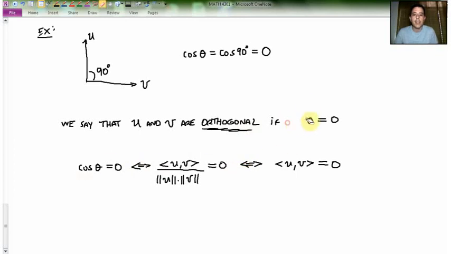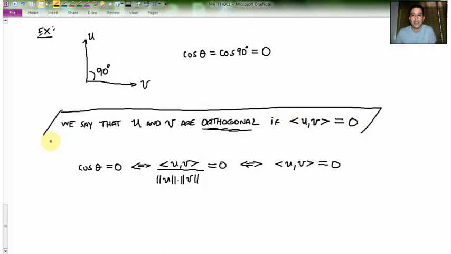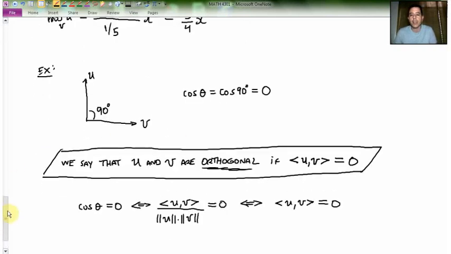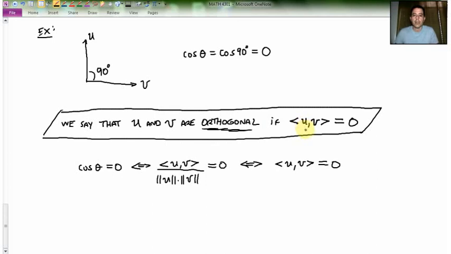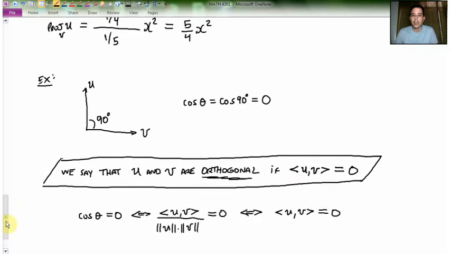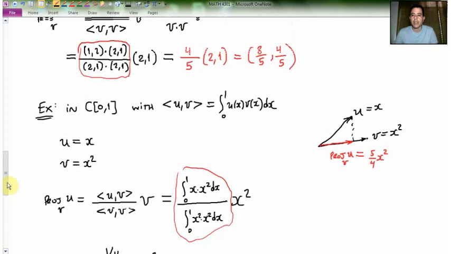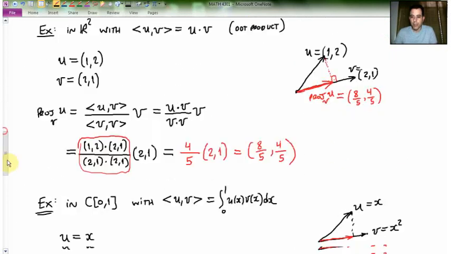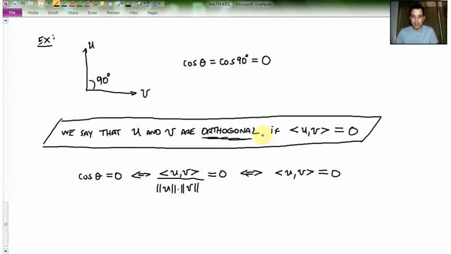So let me replace this definition: u and v are orthogonal if the inner product between them is 0. We define orthogonality between two vectors through the inner product. So we have two definitions of projection and orthogonality of two vectors.